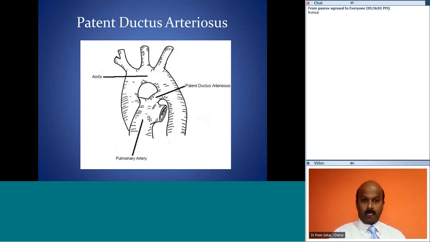Now, patent ductus arteriosus, the incidence is roughly about 1 in 3,000, with a female preponderance of 2 to 1. The genetics is usually multifactorial with a genetic preponderance and a vulnerability to some environmental factors, which mostly is the rubella infection in pregnancy.